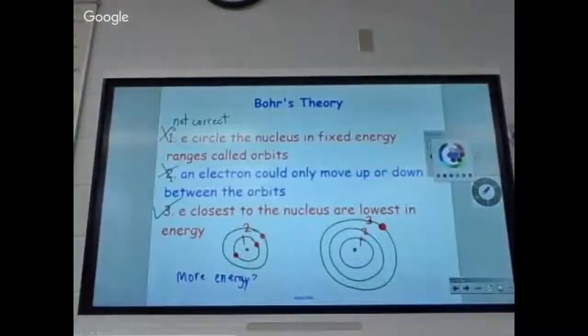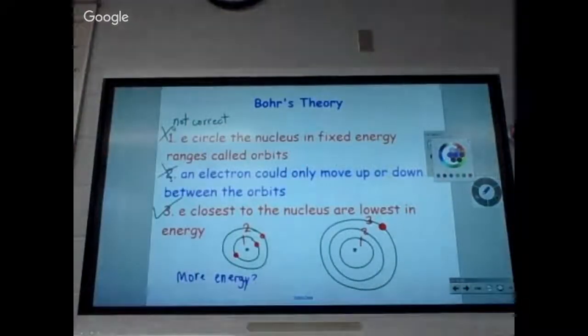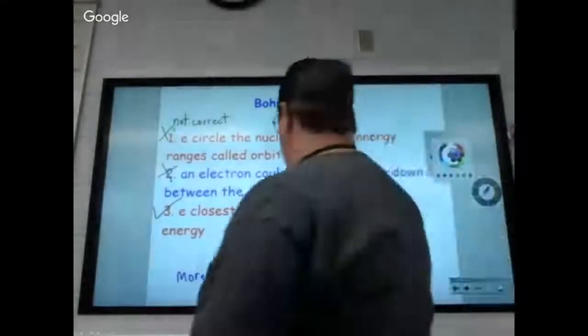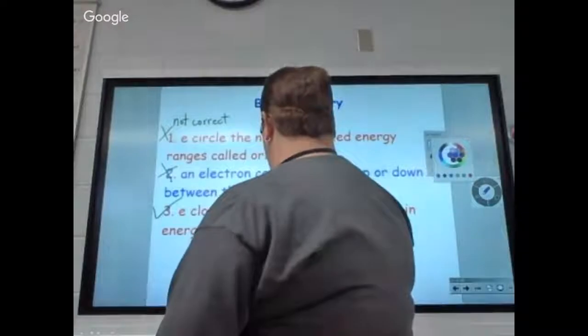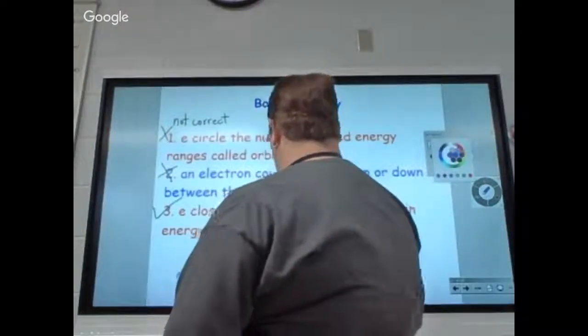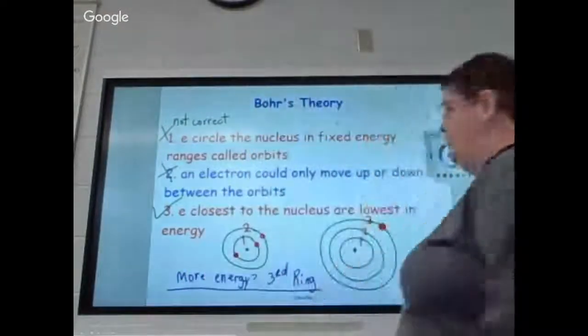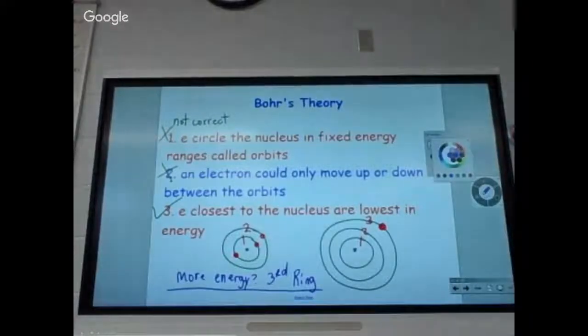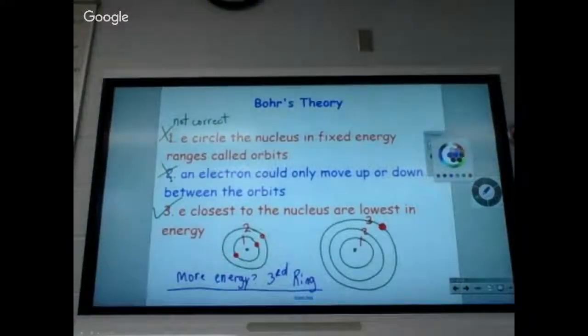The one that has the electron on the 2nd ring or the one that has the electron on the 3rd ring? That's right. The one on the 3rd ring would have more energy, because the electron closest to the nucleus is lower in energy. So that 3rd ring is going to be higher in energy. Does that make sense? He has that piece right.